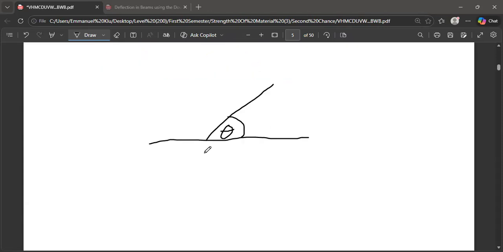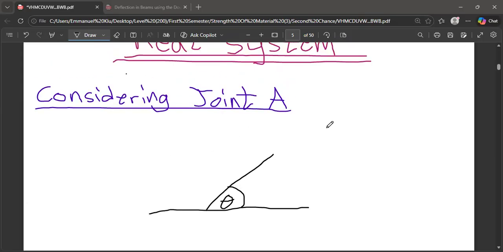The reaction we had was 6.67. I told you last semester that if you have something like this, this is your y-axis, this is your x-axis. Here is positive, here is negative, here is positive, here is negative. If you transfer that knowledge back here, you are going to discover a lot.